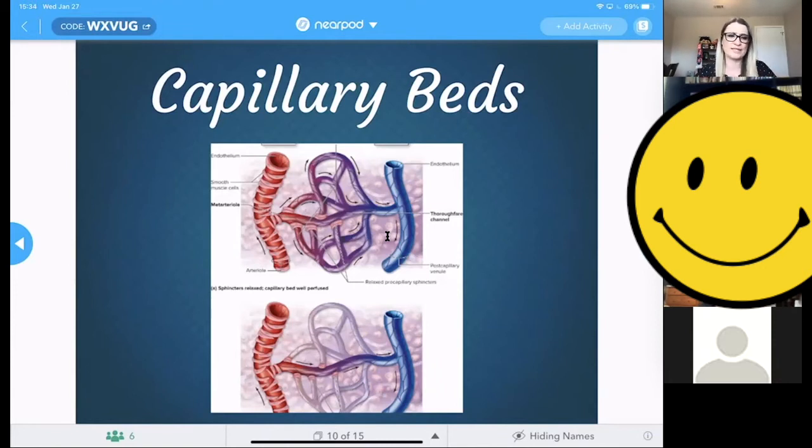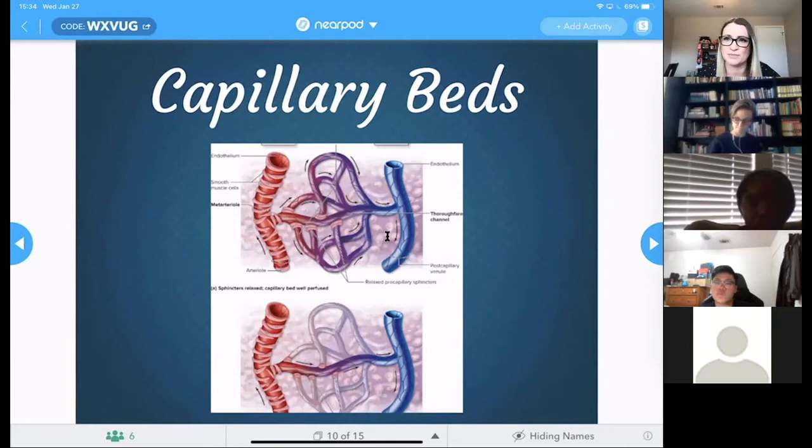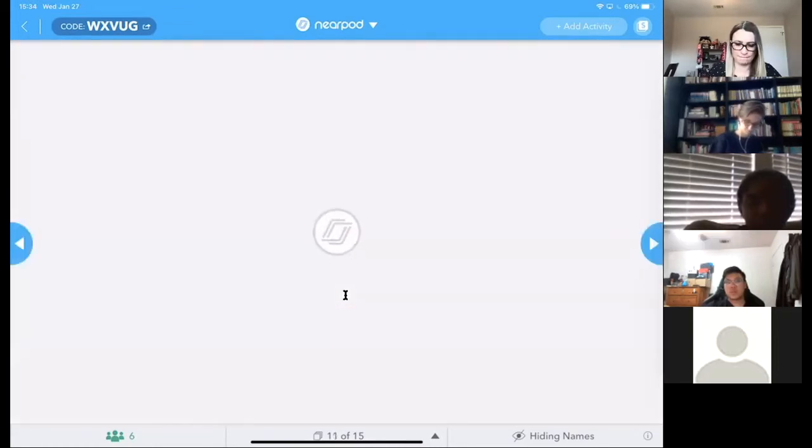You'll see that tissues that are more metabolically active are going to have more capillaries open than tissues that are less metabolically active. Precapillary sphincters contract rhythmically about 5 to 10 times each minute, okay? So that's how the capillary beds work.